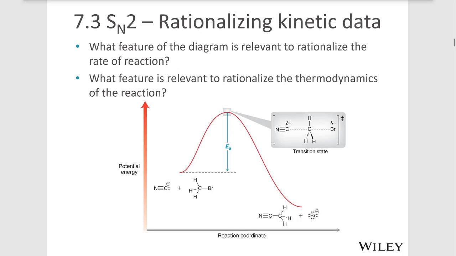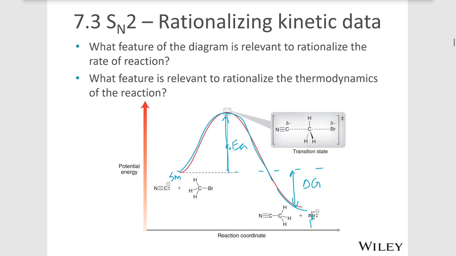All right, so when we're talking about rate, we're talking about the activation energy for this reaction. How much energy does it take to overcome this hump and get to products? So we're going from starting materials here to products, and for thermodynamics, we're talking about our delta G or our delta H of the reaction.